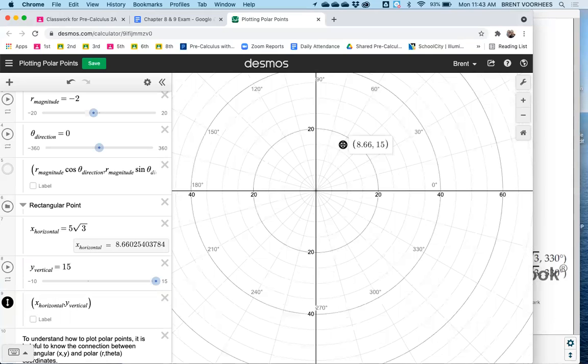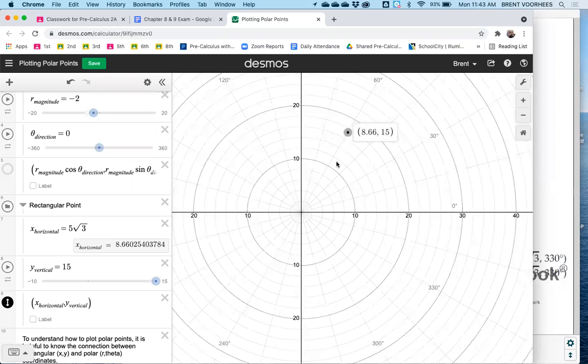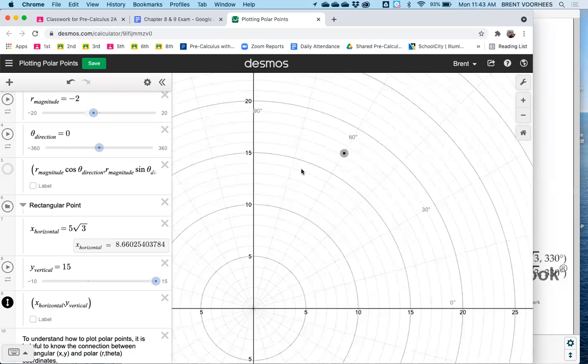There it is. So if you click it, that is in terms of x and y, which is not the answer. But you can see that it's on the value of 60. And if we wanted to count what circle it's on, this is 15, this is 20, so it'd be 15, 16, it looks like it's a little bit more than 17 circles out there. So the radius is a little bit bigger than 17 at 60 degrees.